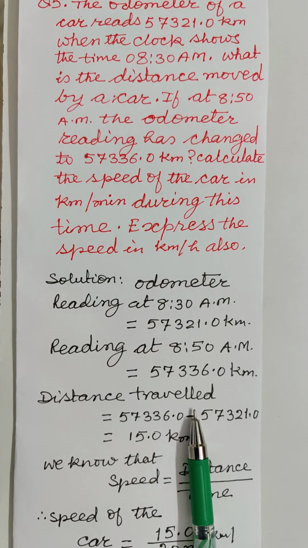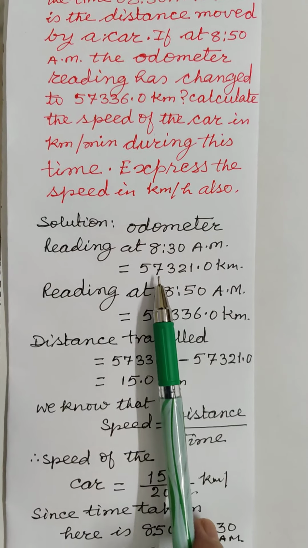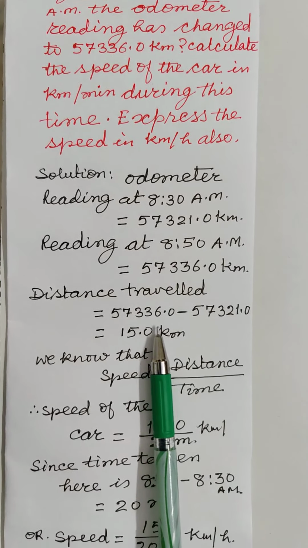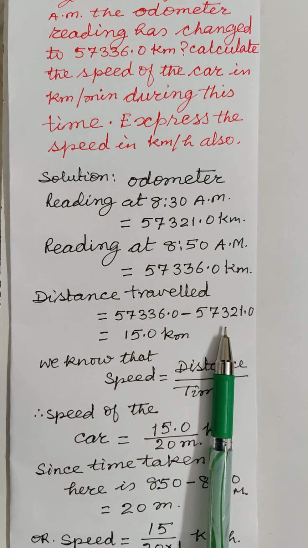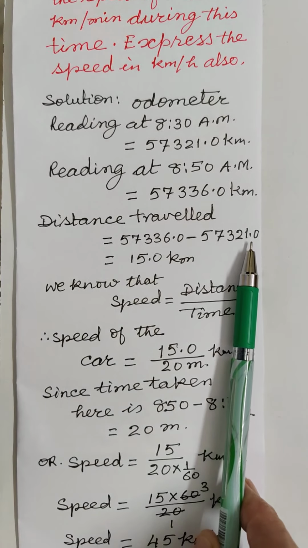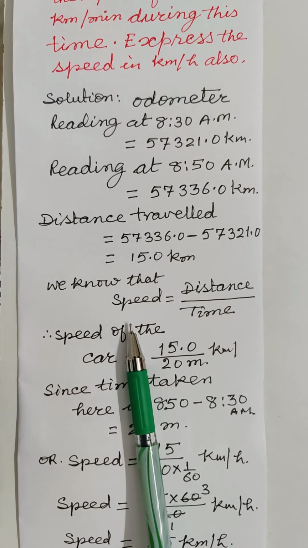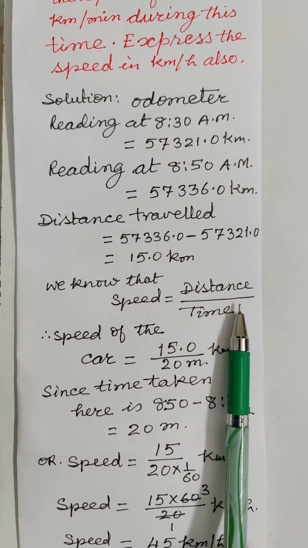So the distance travelled is the reading at 8:50 am minus the reading at 8:30 am, which is 57336.0 minus 57321.0. That is 15 km.